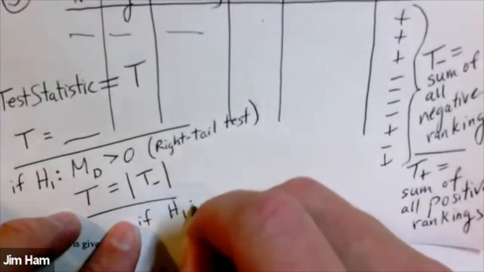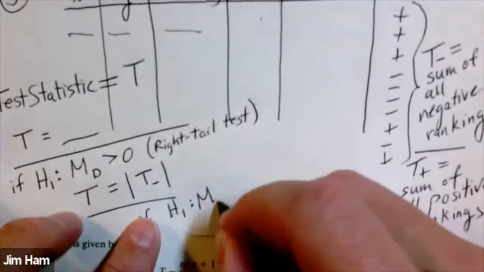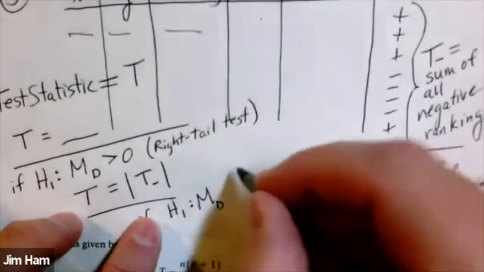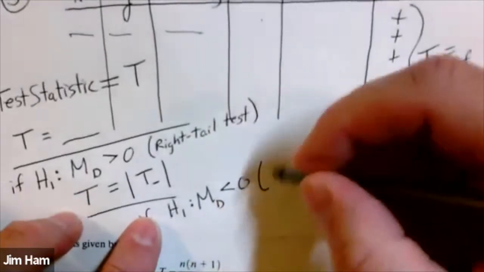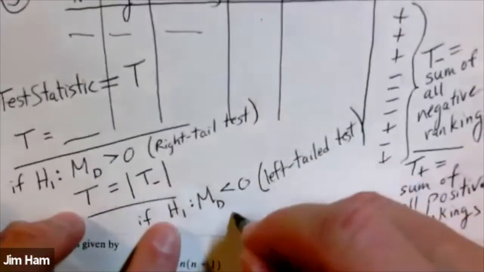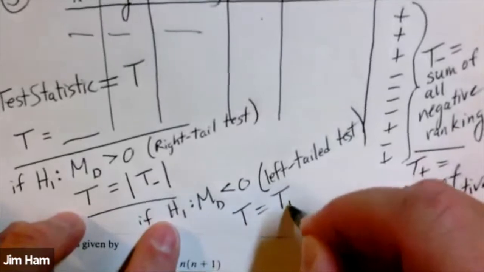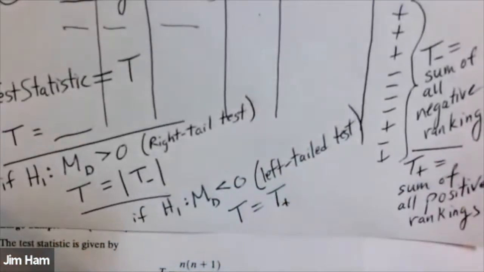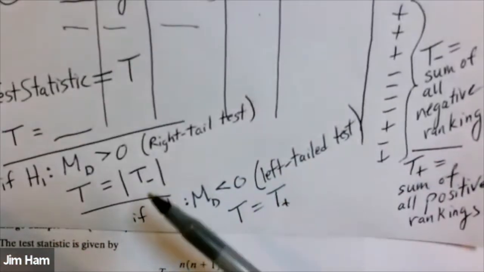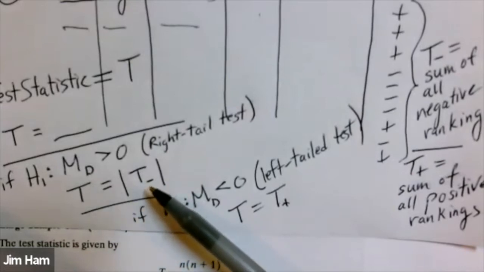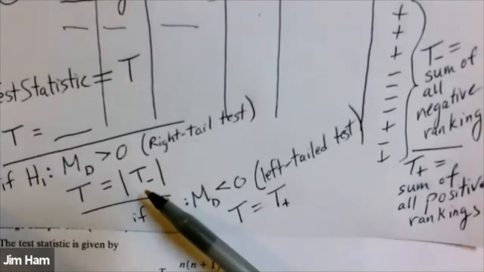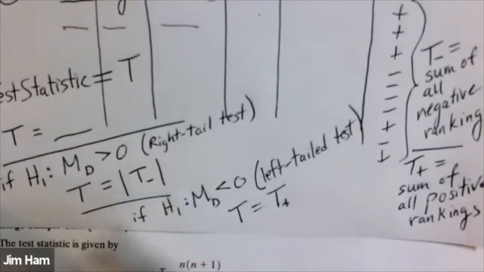If in your alternative hypothesis, the median of the differences is less than 0, so this is a left-tailed test, then T is going to be equal to T plus. Now, I put absolute values around T minus because it's going to be a negative number, and we want our test statistic to be positive because we're going to compare it to a critical value, which is always positive.